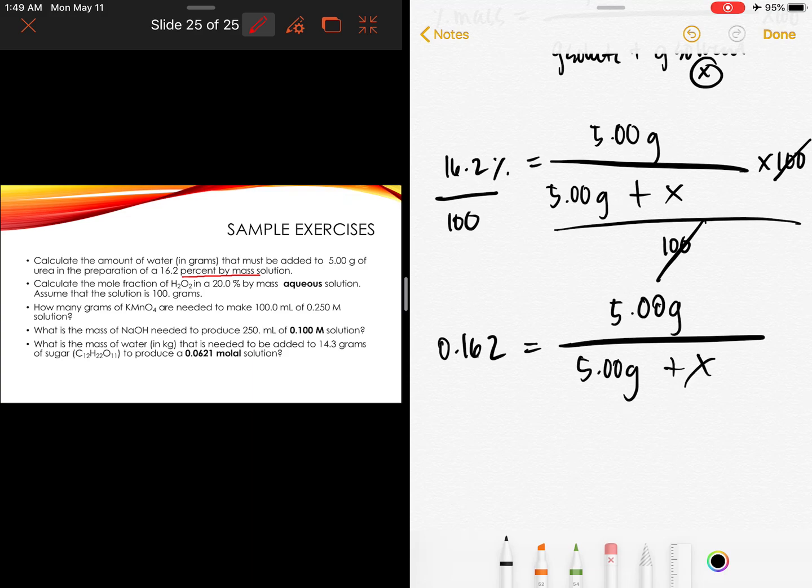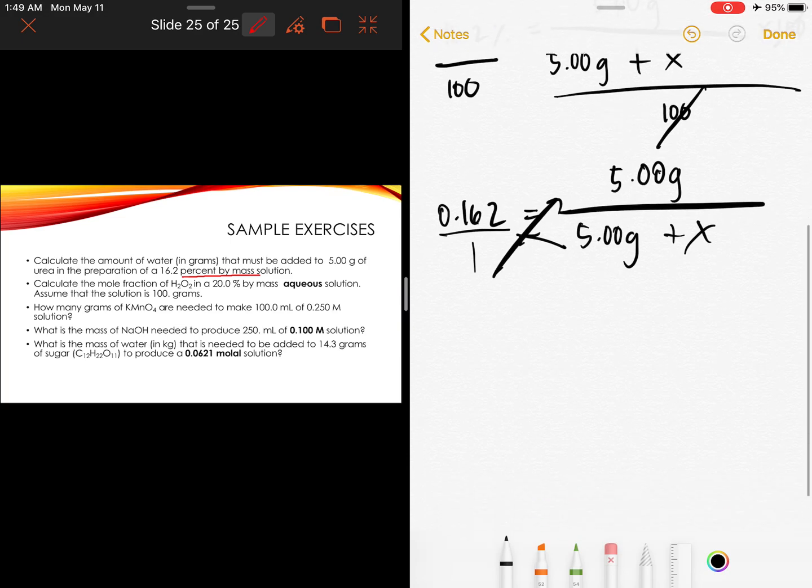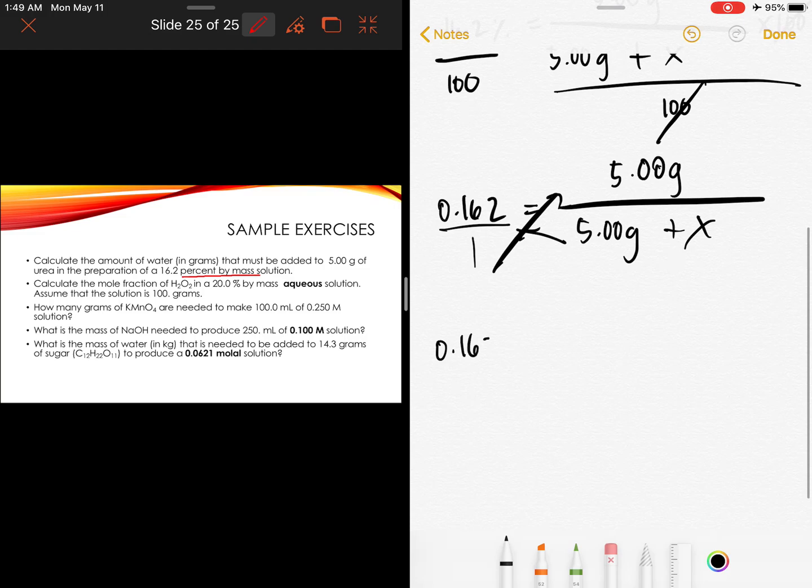So the equation looks more simple now. So from this point, we all know that the denominator of this term is 1. You can now cross multiply. So 0.162 multiplied by 5 grams plus x is equal to 5 grams.